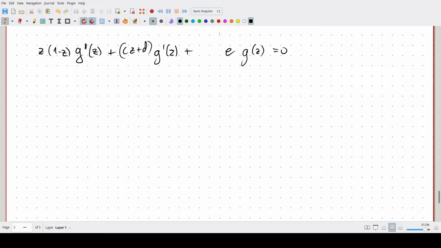But we are already going to slightly rewrite things, because, well, firstly, d plus cz, and then why not write c as 1 plus a plus b and e as minus a times b.